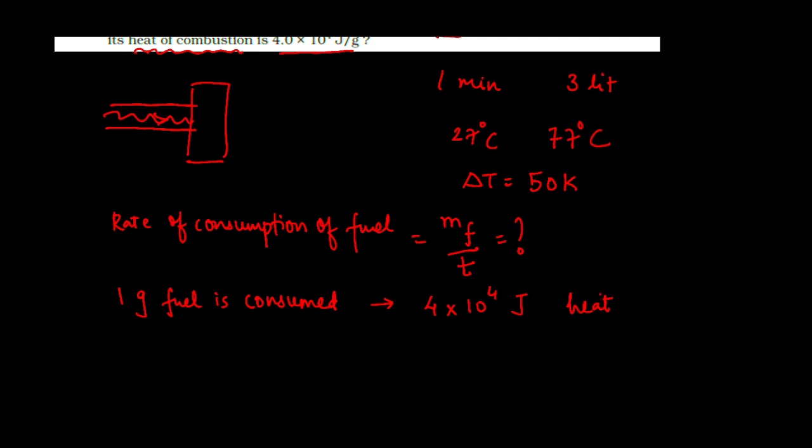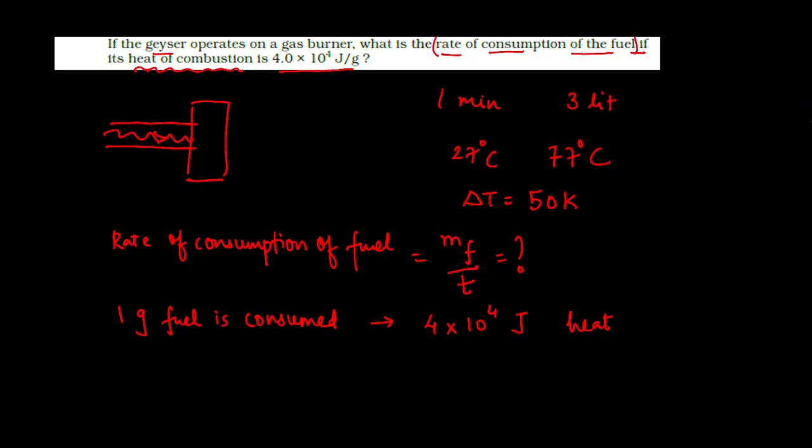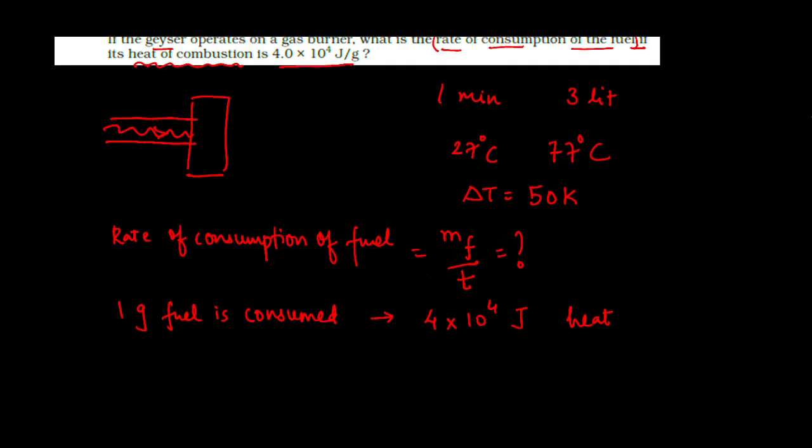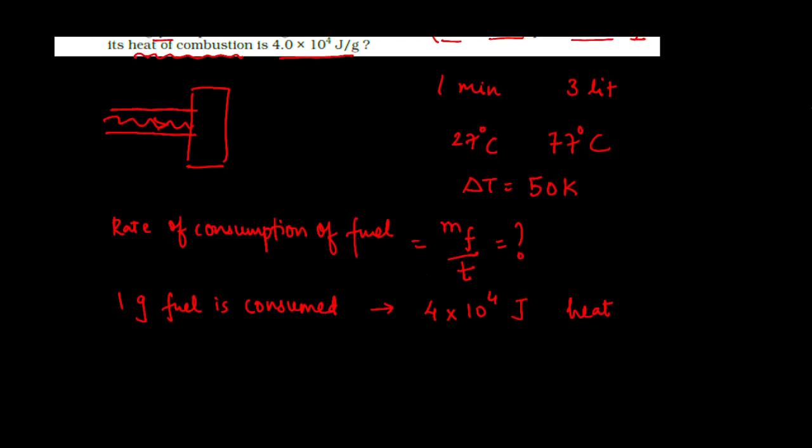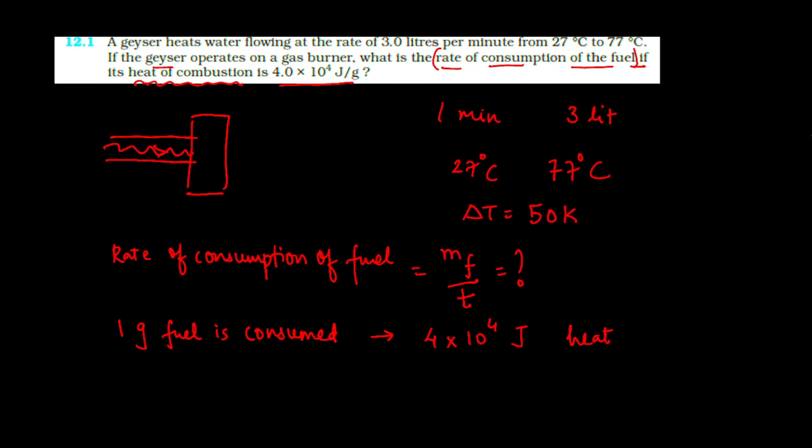Is this clear? This is the meaning of that last sentence. When 1 gram fuel is consumed, it will give this much heat. This is heat of combustion. Combustion means burning. So if 1 gram is burned, it will give this much heat.